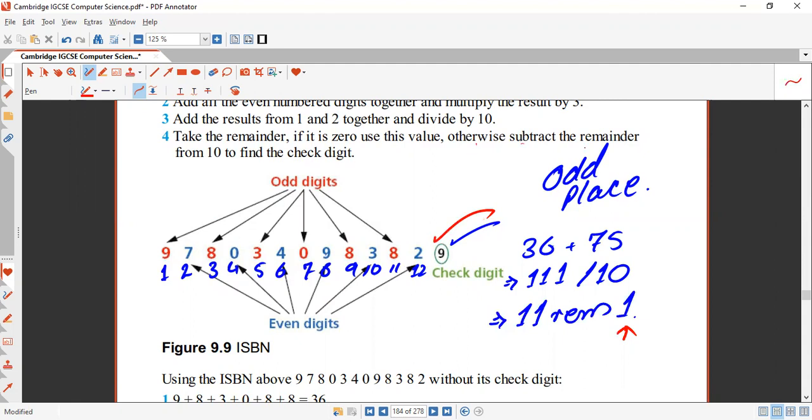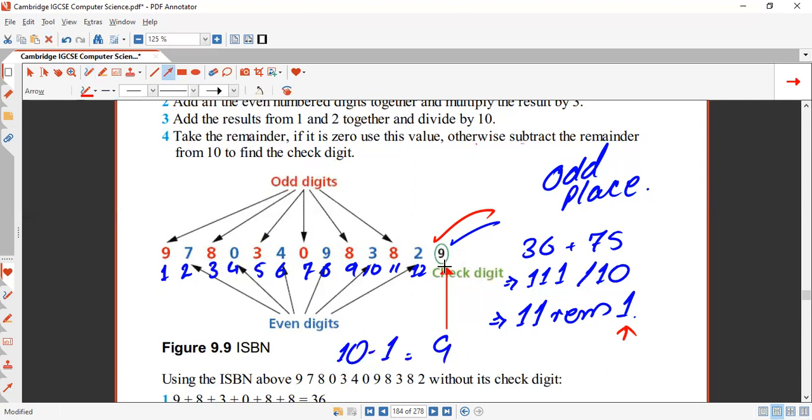Otherwise, subtract the remainder from 10 to find the check digit. So I need to subtract 1 from 10, and by chance we are getting the same value as was provided to us. So over here we write that the check digit is 5. Clear with this one?